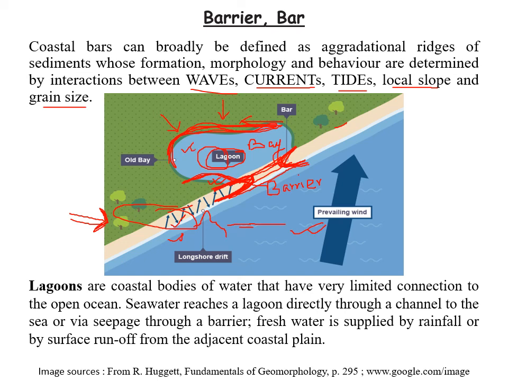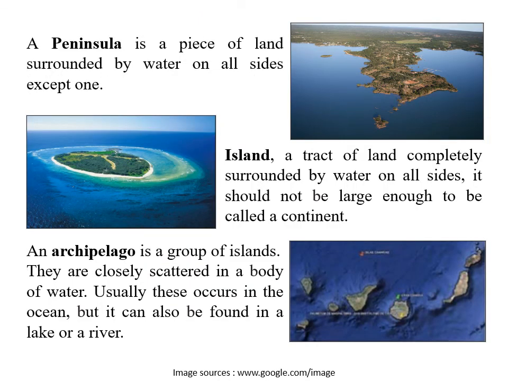Now there are some smaller terminologies which we commonly use, but these are not prominent major landforms. Firstly, there is the peninsula, which is a piece of land mass surrounded by water on all sides except one. Actually, these are not any kind of depositional landform. Rather, we can explain them as topographical features formed in the coastal areas.